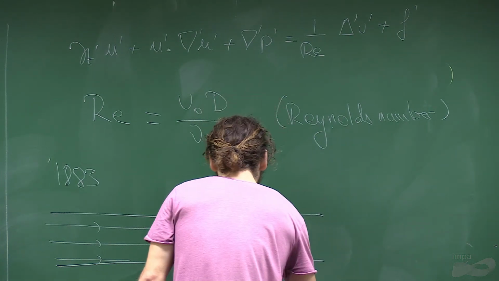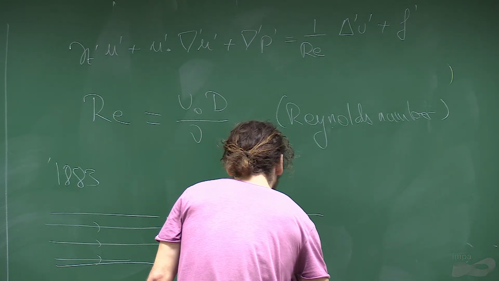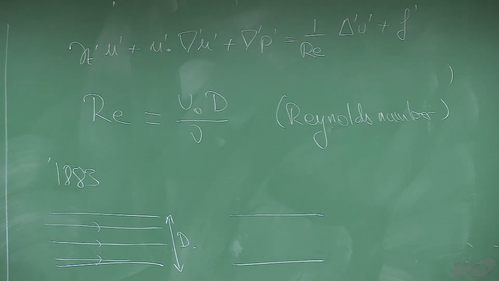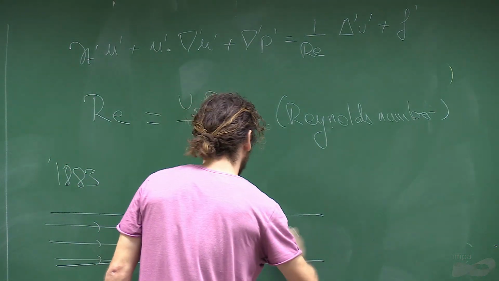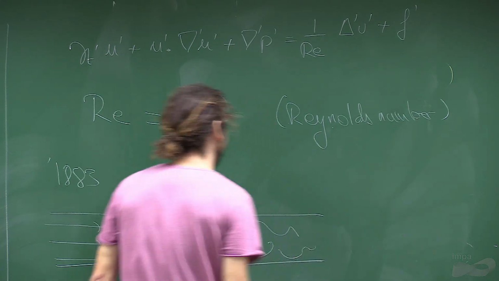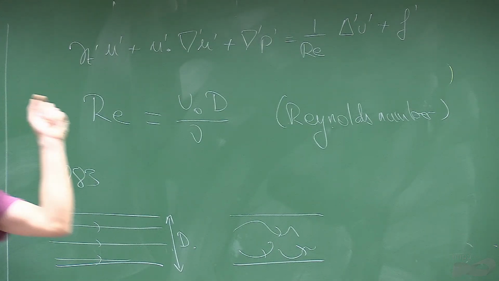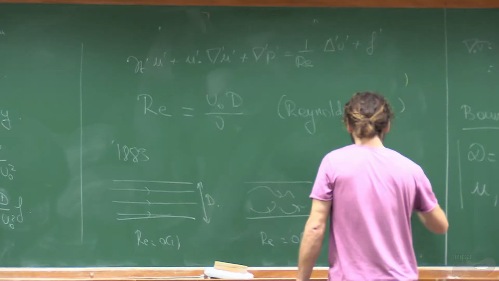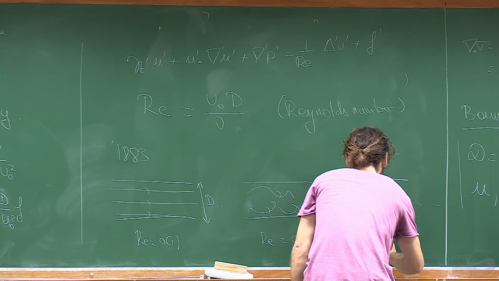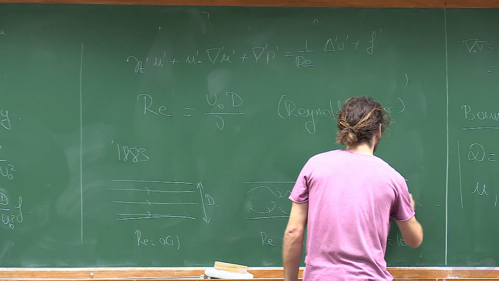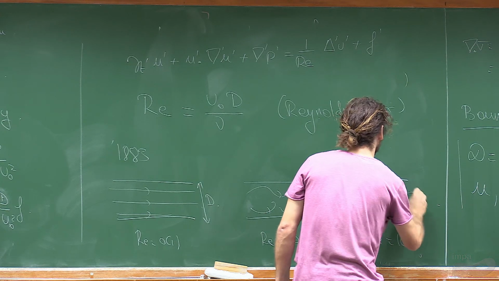When you increase the Reynolds number to something of order 100, you see some destabilization of the streamlines. And then when you again take some Reynolds number very large, the streamlines seem to break down.